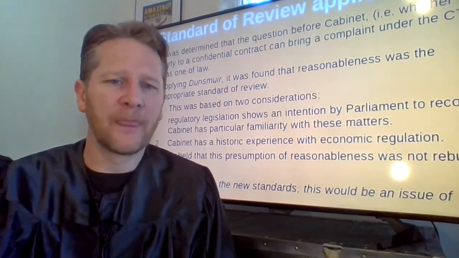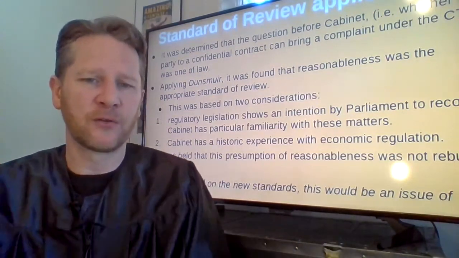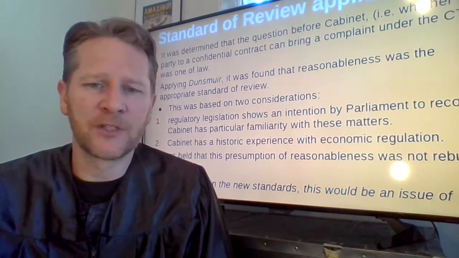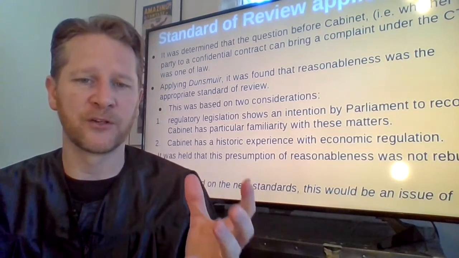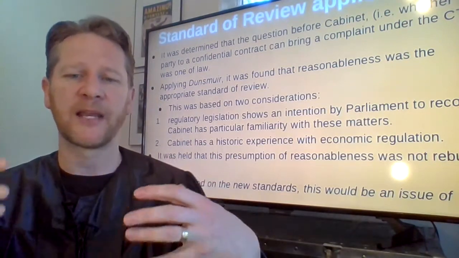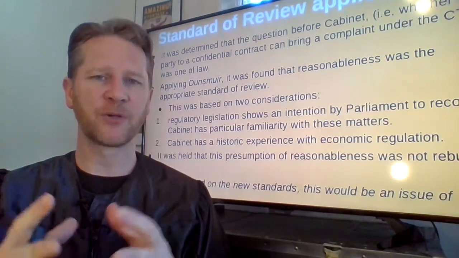So as you can see here, we go through what the considerations are, and when we bring in regulatory legislation, Parliament can be recognized to be familiar because they'd be considered experts in this, and there's historical experience in economic regulation. So remember, one of the things with the tribunals is we want expert involvement.